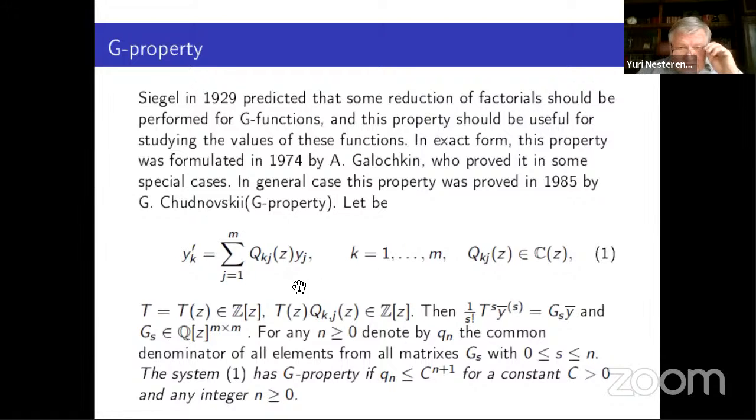So G functions should satisfy some system of linear differential equations with rational coefficients. Now this is the G property, the definition of this property. T is a common denominator of all coefficients. This is a polynomial with integer coefficients.